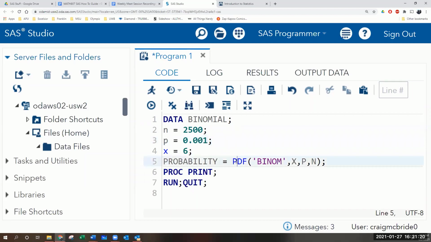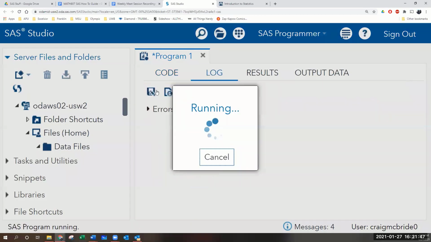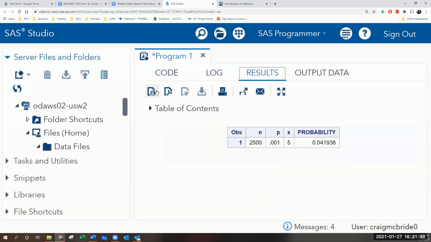So that means we have to do a CDF of 5, because if we want more than 5, we don't want 5. We want 6 and above. The CDF is always that number and less, so the CDF of 5 gives us 0 through 5. If we subtract that from 1, this is going to give us 6 and above.